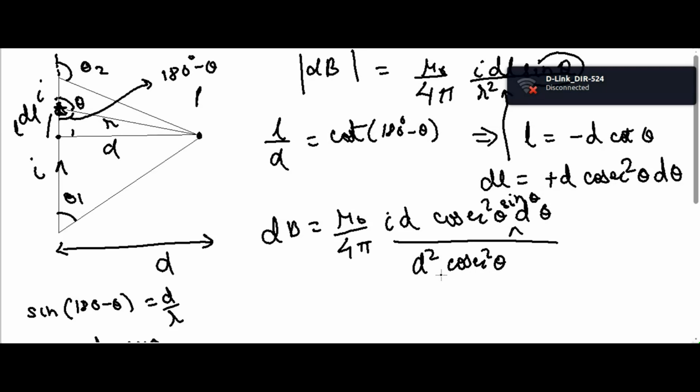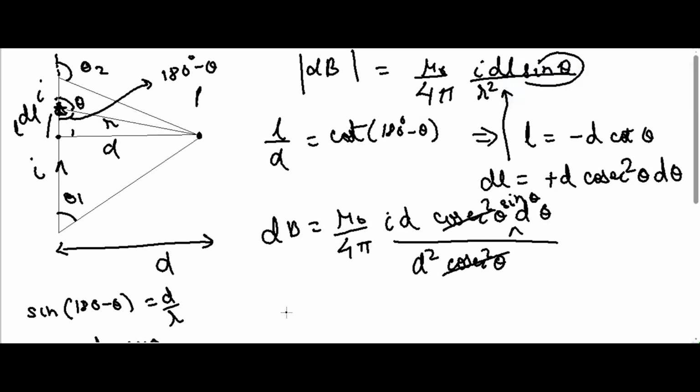Now this cosec square theta will be cancelled with this cosec square theta, and d will cancel with d squared. So dB will be equal to mu naught by 4 pi I sin theta d theta by d.